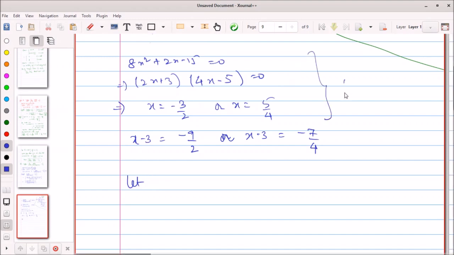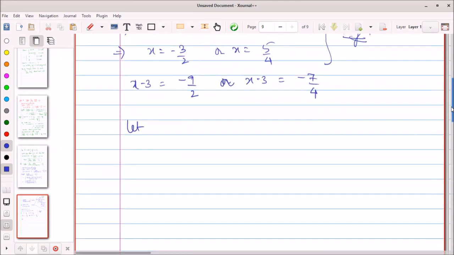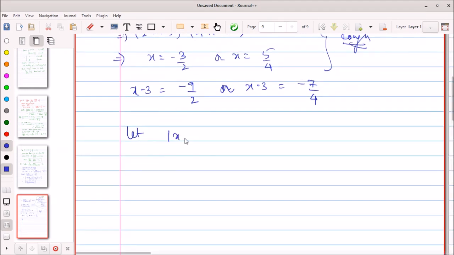These are all rough work. You may do this in rough also, equating the denominator to 0. So let x minus 3 be less than 7 by 8, because this number is smaller, so we will take this to be the bound, half of this to be the bound of this.